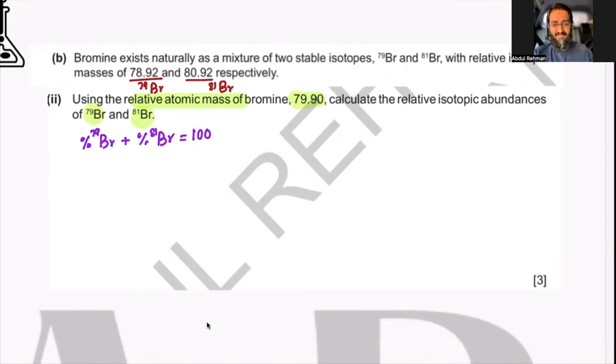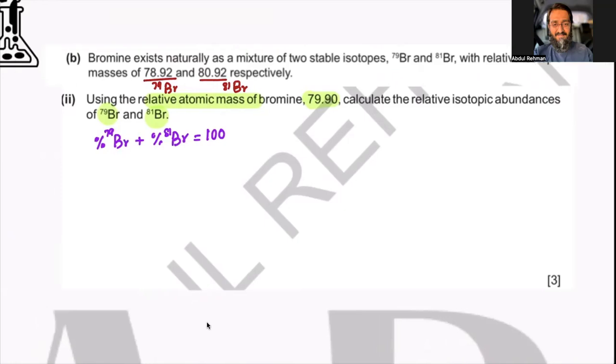So as you just said, we can assume its percentage to be X. Then its percentage would obviously be 100 minus X, or 1 minus X, and then you will multiply it with 100 later on. Is this understandable? So now I can put both the values in the expression. I know the AR, the relative atomic mass, is 79.9, and they are asking you to figure out the percentage of both the isotopes.